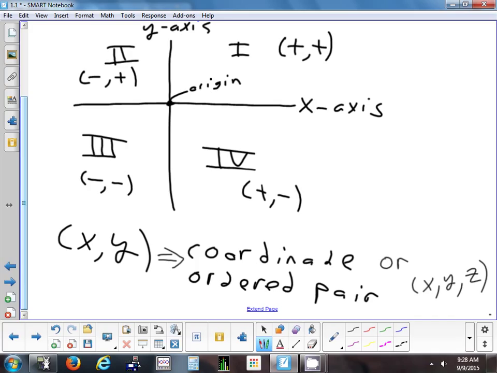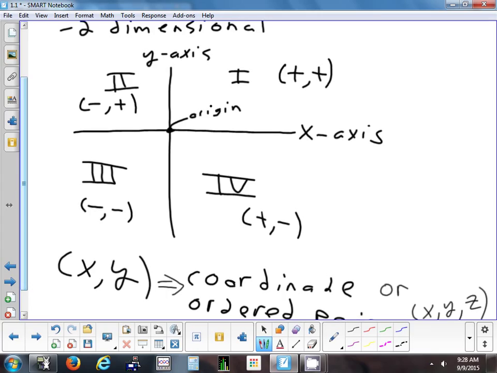Does anybody know how many regions that would break up the space into? 8. Yeah, it would break it up into 8 areas. Does anybody know what you call 8 areas? Not quadrants, but what's the octants? Yeah, in 3D we have octants, right? And there's 8 of them. Okay, for now, we'll stick with 2D.